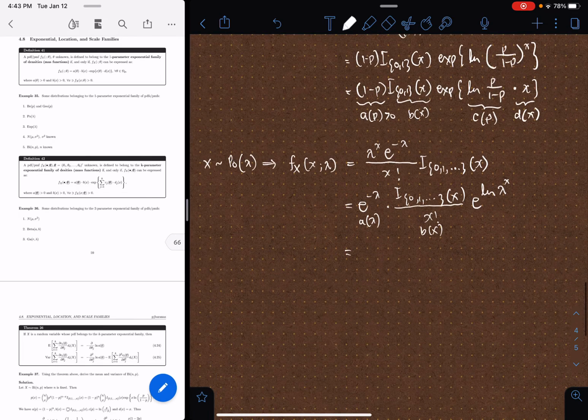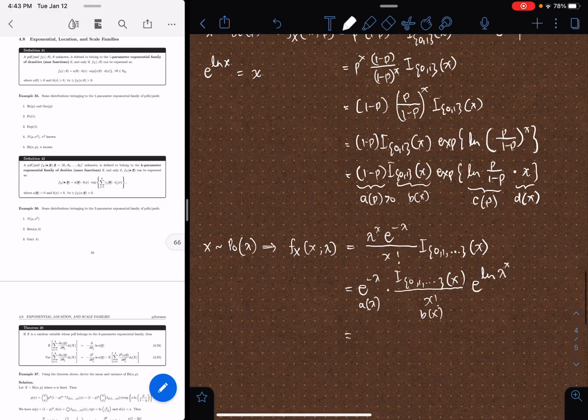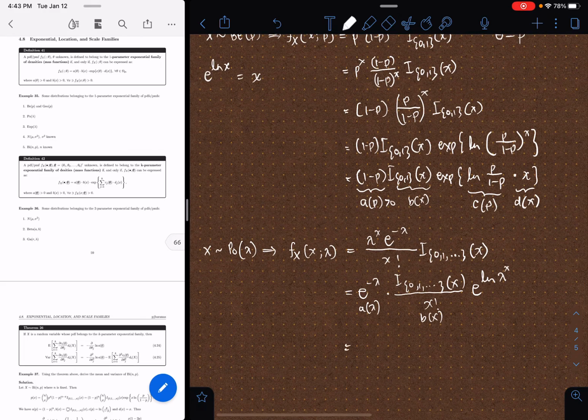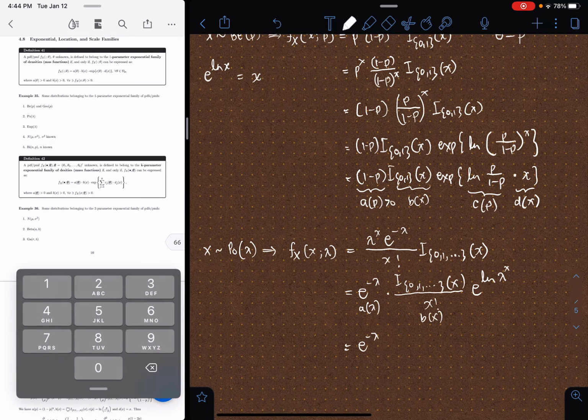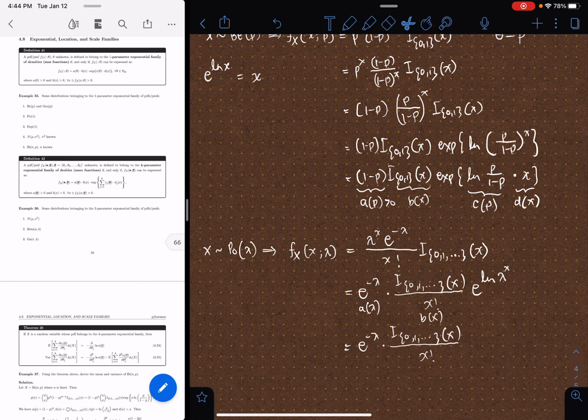And ito naman, ma-write natin yung PMF into e to the minus lambda. Tapos, copyin ko lang to. And yung e to the ln of lambda x will be e to the exponential. Gawin ko lang e to the x, ln of lambda times x.